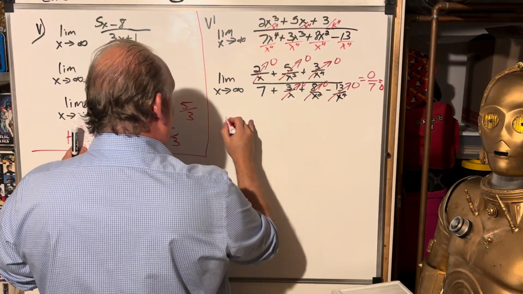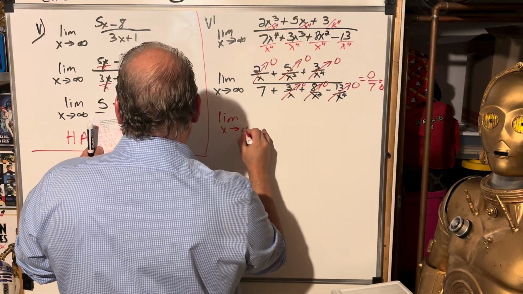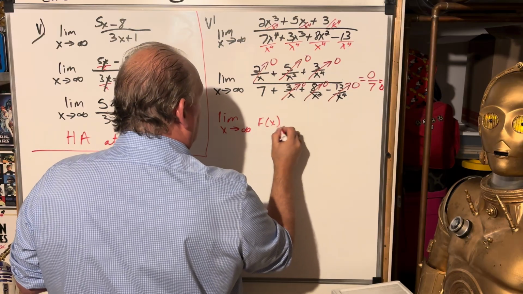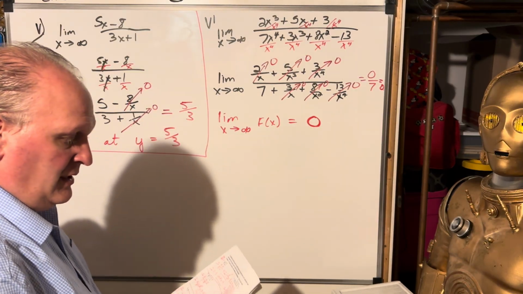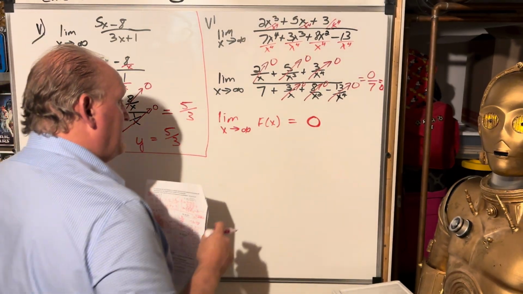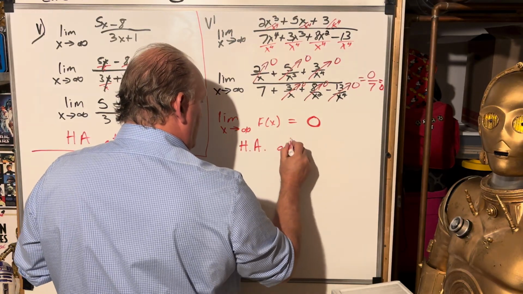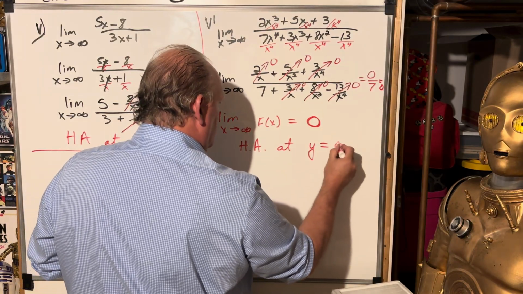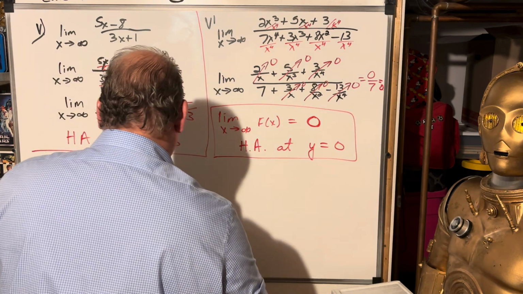And so the limit as x approaches infinity of f of x is 0 in this case. So there is a horizontal asymptote at y equals 0. All right.